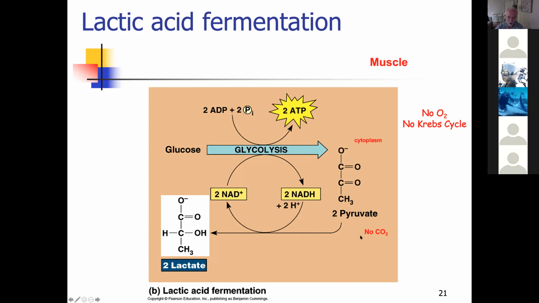So there's no carbon dioxide produced. You end up not with a 2-carbon molecule, but a 3-carbon acid called lactic acid. So no oxygen, no Krebs cycle, no carbon dioxide, just a straight conversion of pyruvate to lactate.